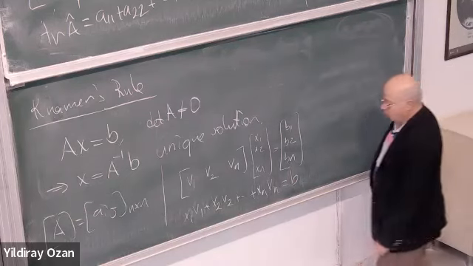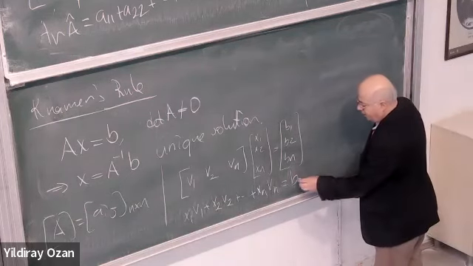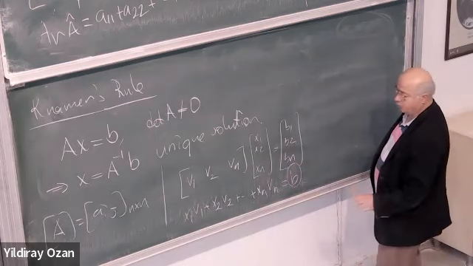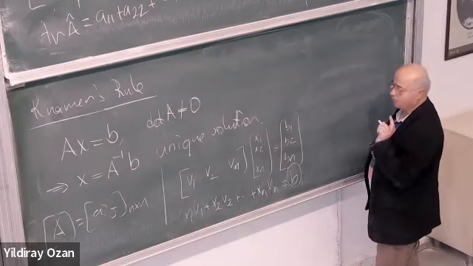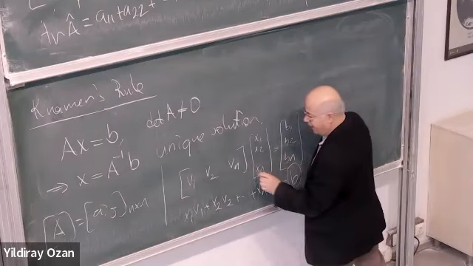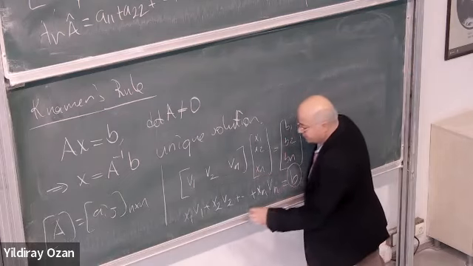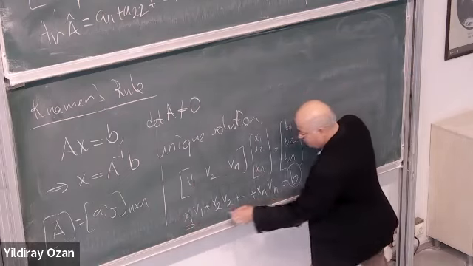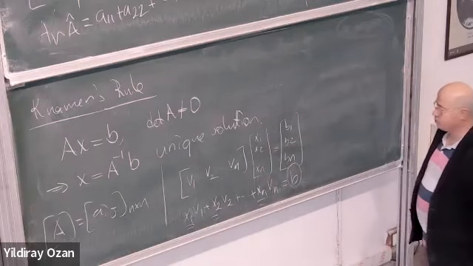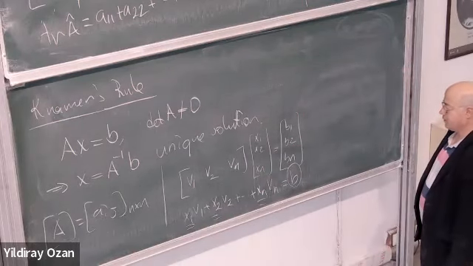So b is a linear combination of the columns of the matrix A, and these coefficients are actually the entries of the solution vector.